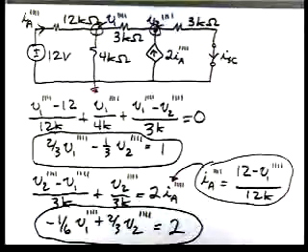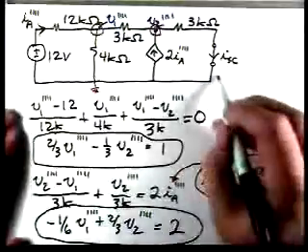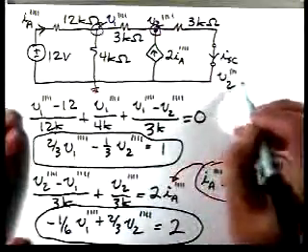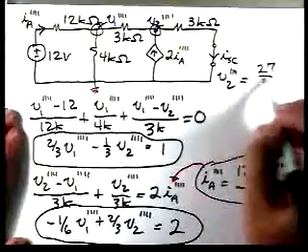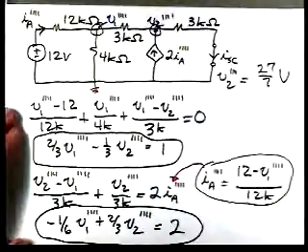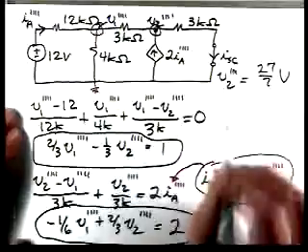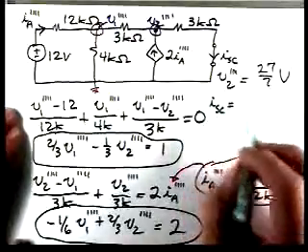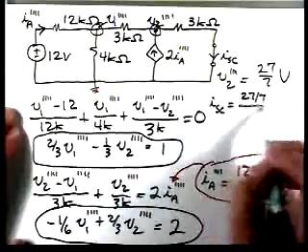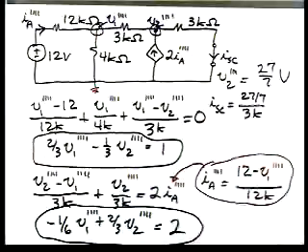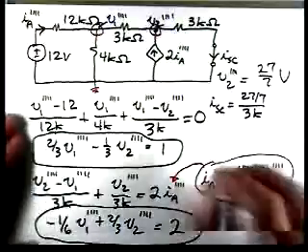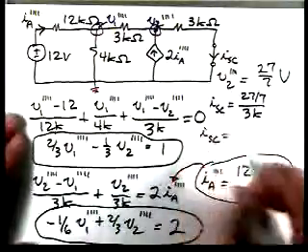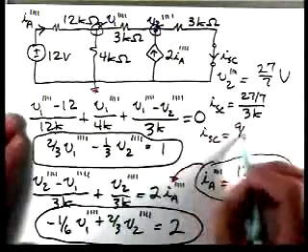Now if we solve, we get V2 quadruple prime is 27 over 7 volts. So I short circuit is 27 over 7 divided by 3K, which becomes 9/7 of a milliamp.